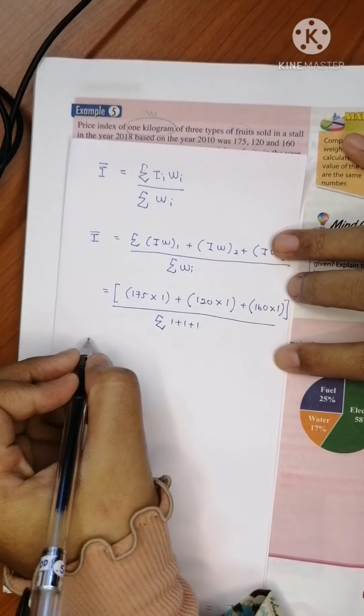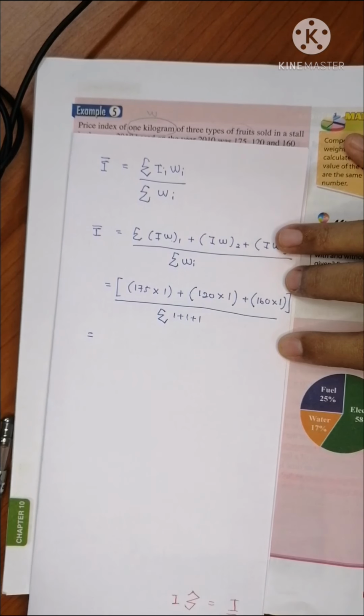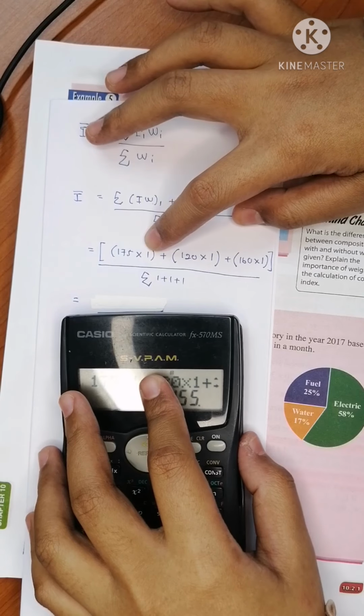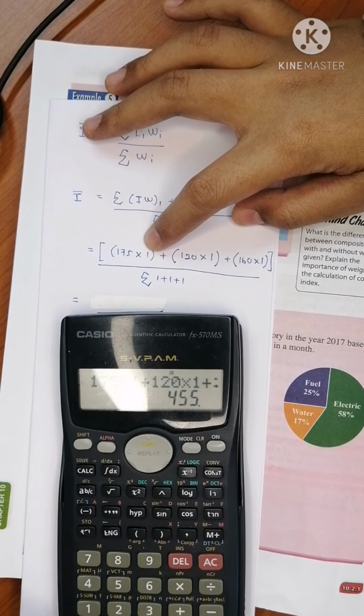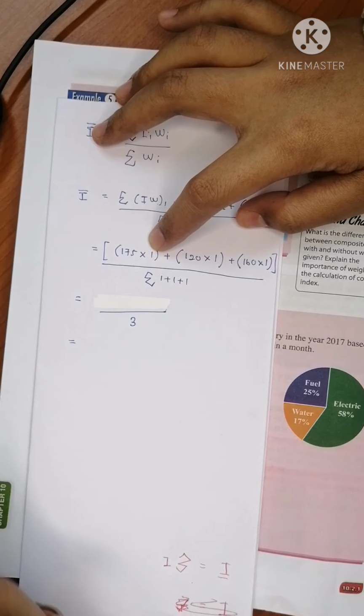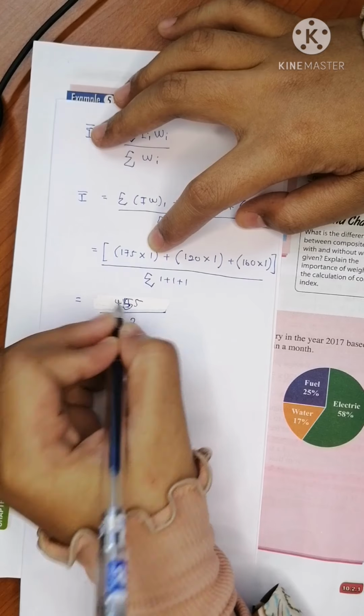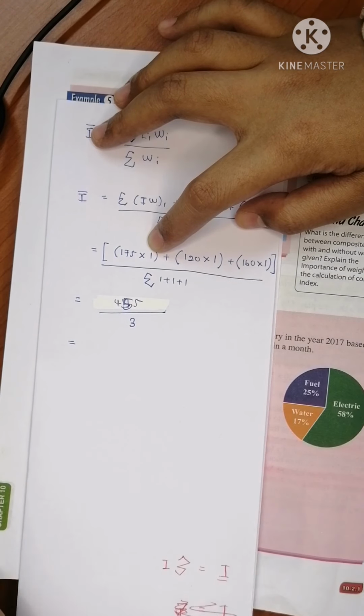So then you just key in your calculator. Okay, class, you key in your calculator the total sums of the index number multiply with weightage. Then your answer will be 455. So 455 divide by 3.